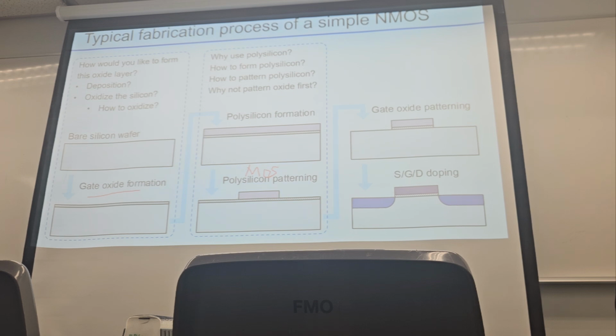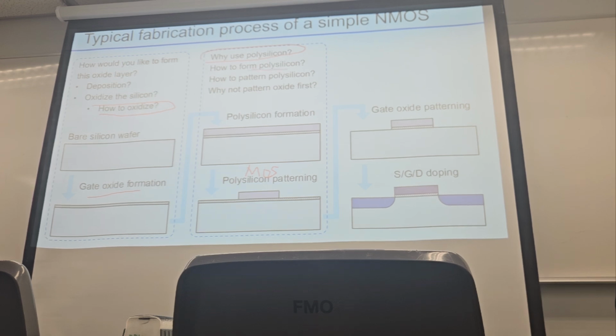Okay, so then we may ask the question how to achieve the oxidation layer for the gate. And then you need to understand why we use the polysilicon in the MOS structure, right?